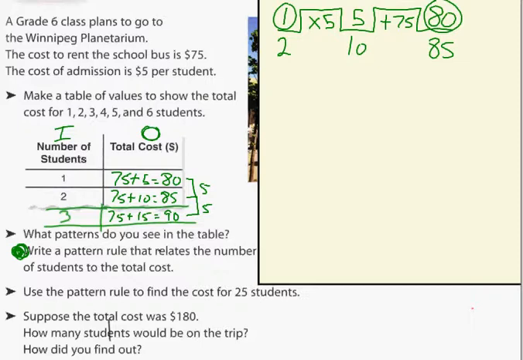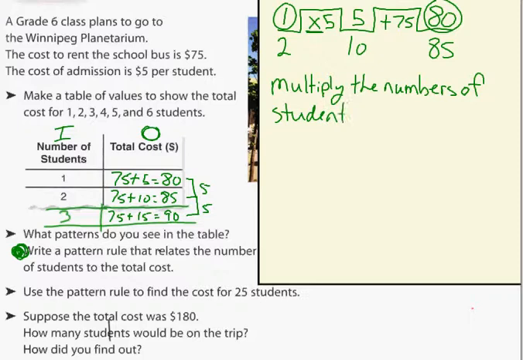The first operation is multiply, so I'm going to use that as my first word of my sentence. Multiply the number of students by 5. Then add 75.